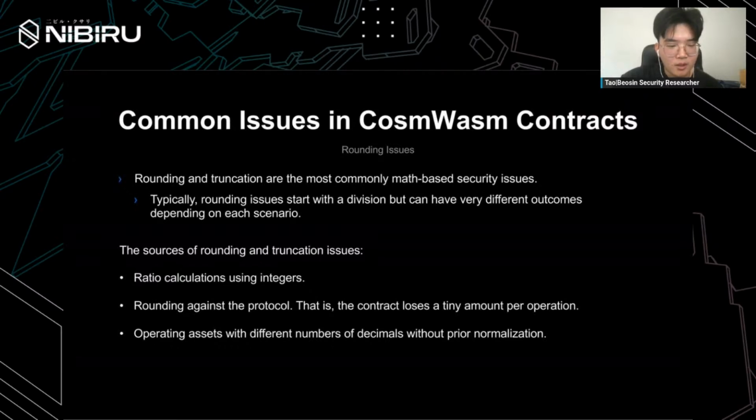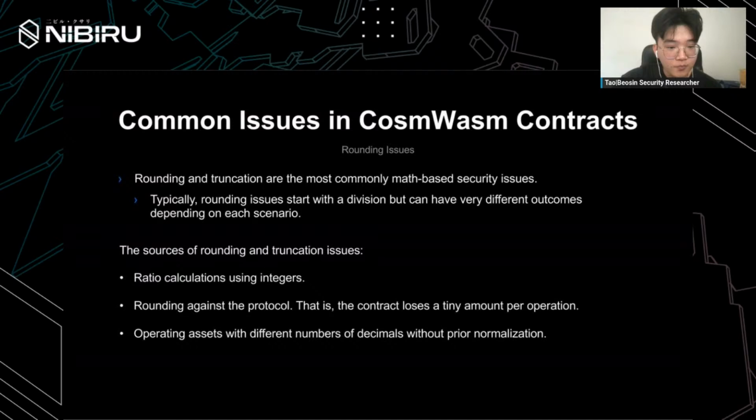The reasons that rounding and truncation issues exist are usually these three scenarios. The first one is doing ratio calculations using integers. That's the most common one where rounding or truncation issues exist.